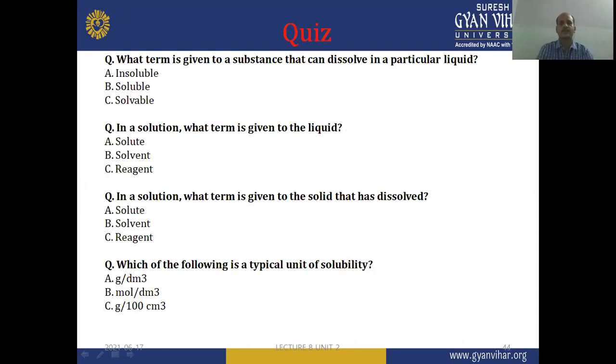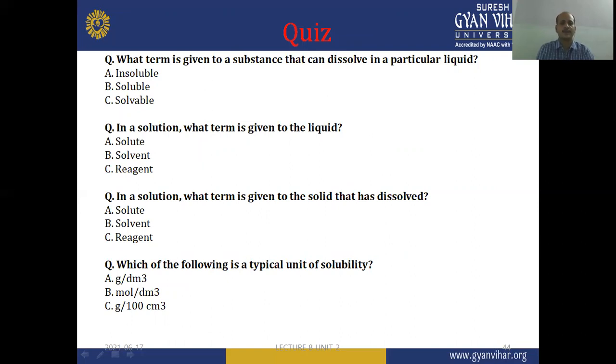Now, when we proceed to today's quiz section, we find these questions. What term is given to a substance that can dissolve in a particular liquid: insoluble, soluble, or insoluble? You can take the correct answer. Second question: in a solution, what term is given to the liquid: solute, solvent, or reagent?